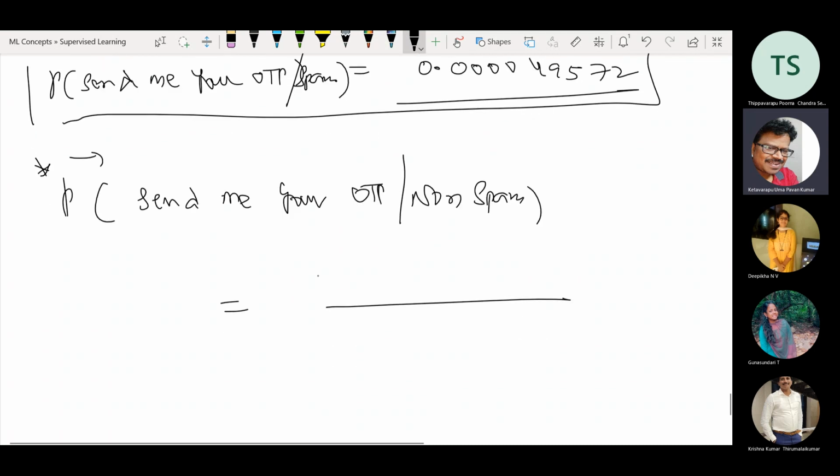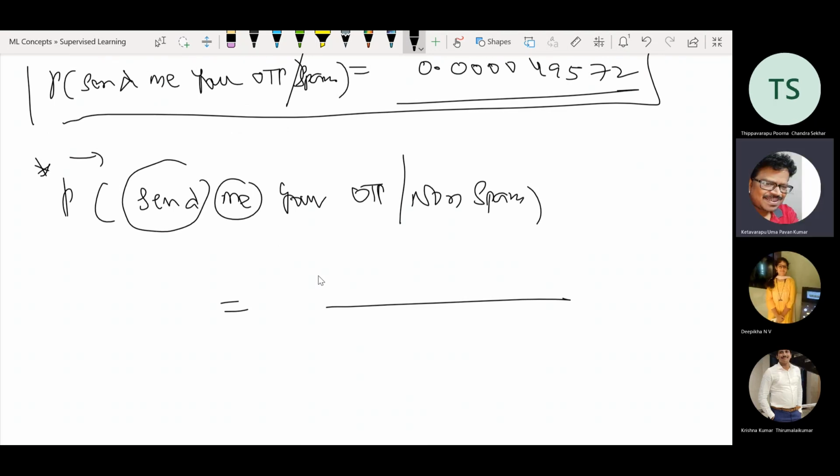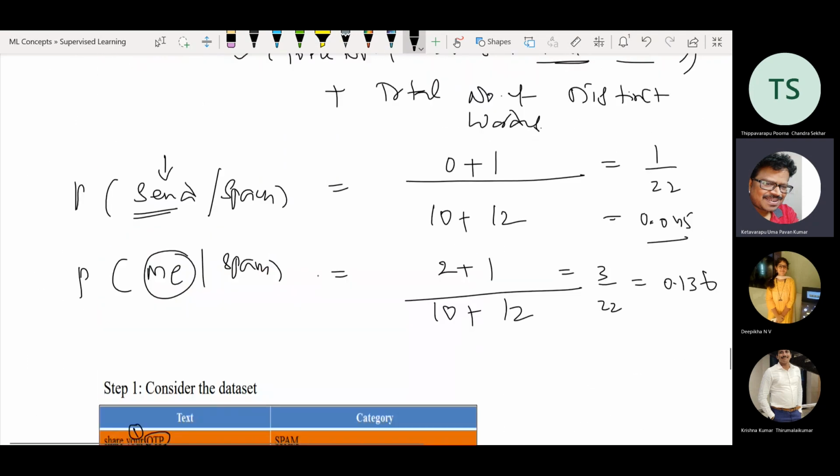The equation remains the same for each and every word. So I should compute the probability of each word, divided by the total number of non-spam words plus distinct words. Distinct words we know, no? 12. The distinct words, whether in spam or non-spam, remain the same. Now I should find out how many non-spam words there are.